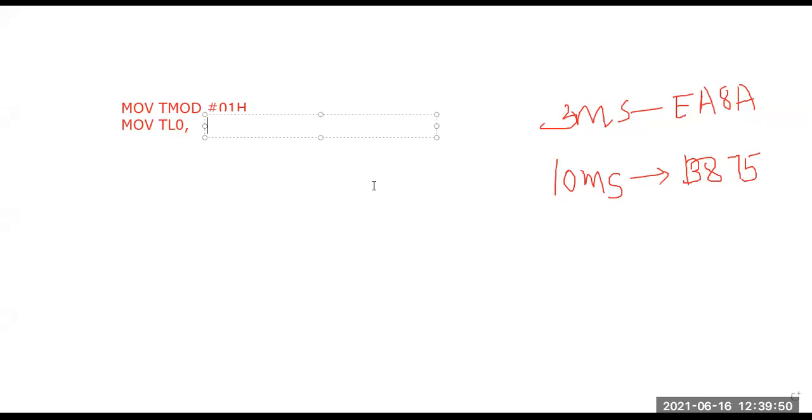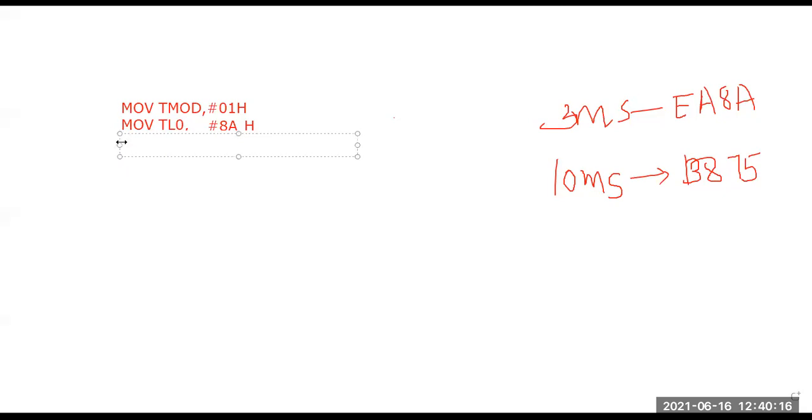So TL0 should be loaded with this value, 8A. MOV TL0, #8AH. Next, you have to load the TH value.